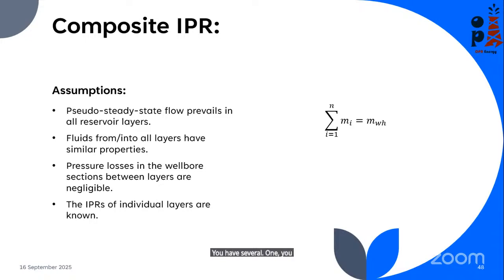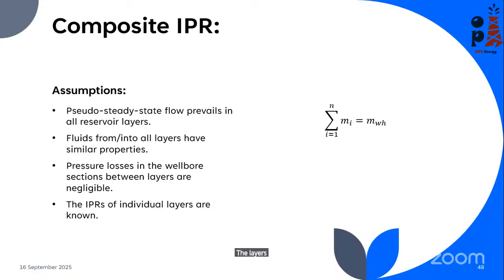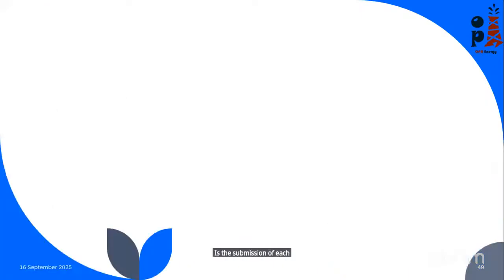You assume that all the fluid coming from these layers is the same, the pressure loss in the wellbore sections between the layers is negligible, not in the whole wellbore, but between the layers, and the IPR of individual layers are known. So the fluid flow coming out of the wellhead is the summation of each individual layer, and so on.